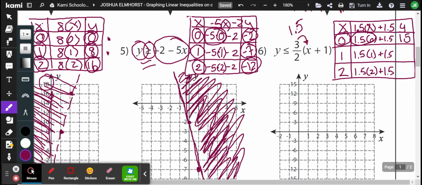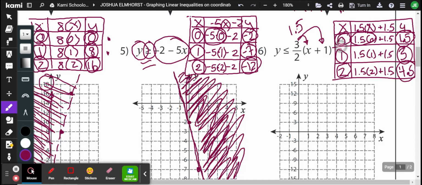So as we multiply the x and we multiply the 1. We take 1, multiply by 1.5, and then we add 1.5, so that's going to give us 3. And we have 2 times 1.5, that's going to give us 3 plus 1.5, so we got 4.5 for the output.